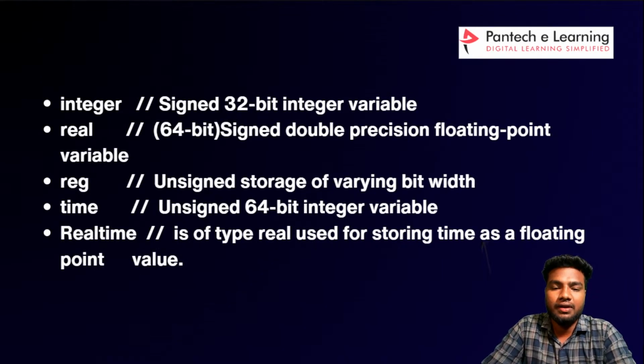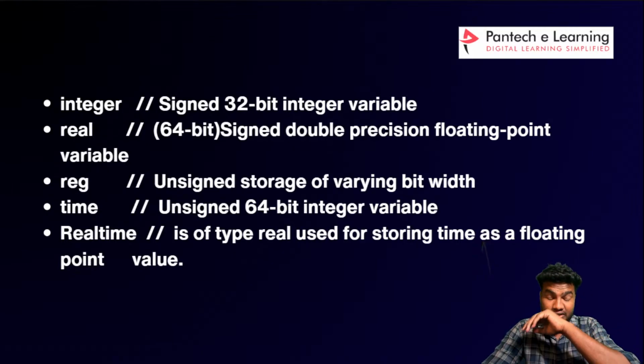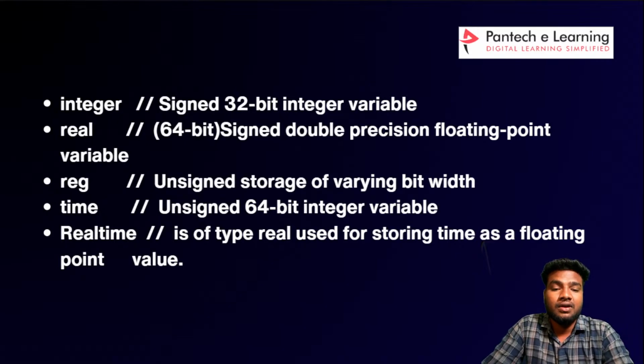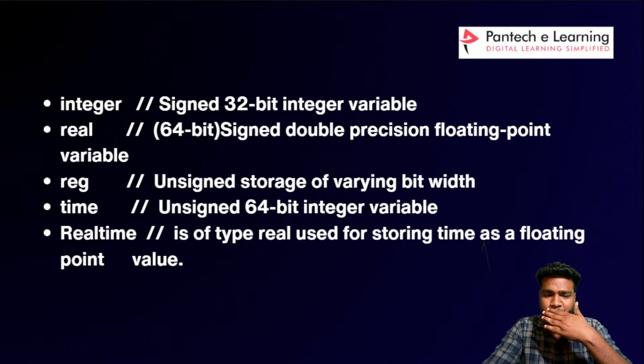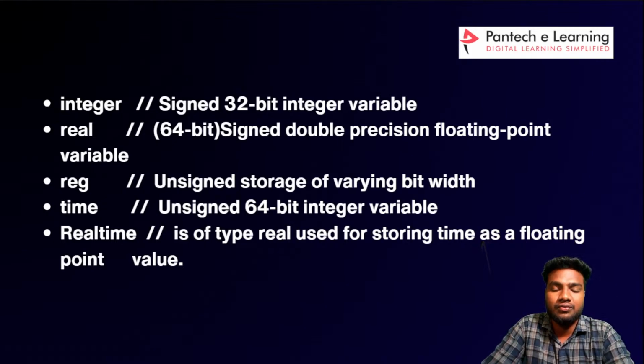These are the remaining data types. Integer is a signed 32-bit integer variable. Then real, with 64 bits. These are the default sizes of the data types: the default for integer is a 32-bit integer variable, and real has 64 bits. Reg is unsigned, and if you use reg alone you can store only 1 bit of the particular variable.